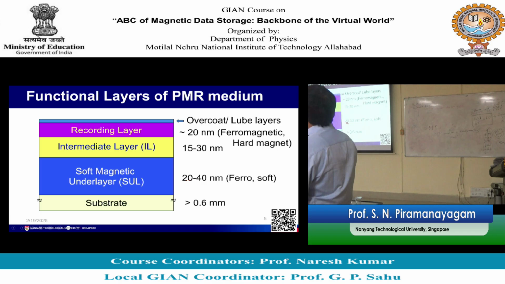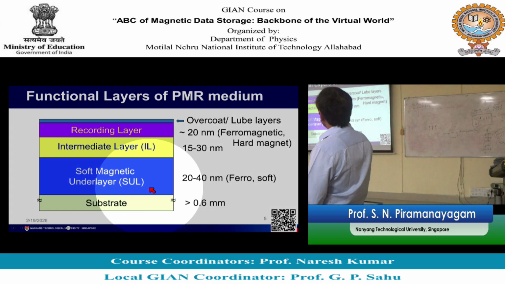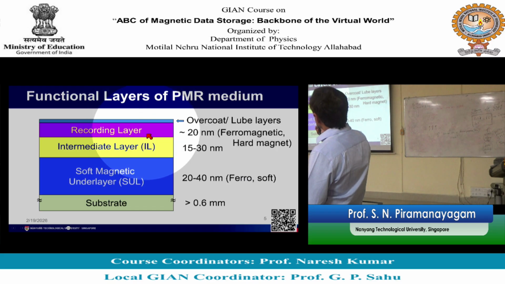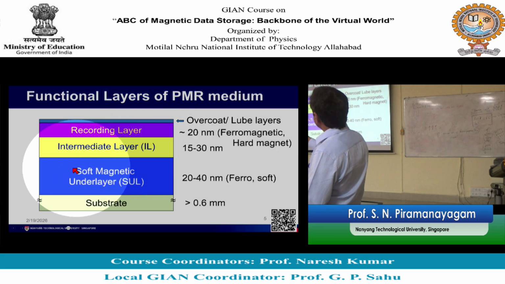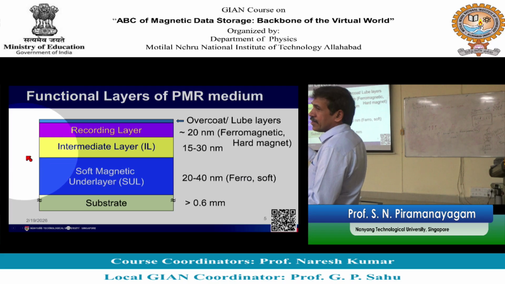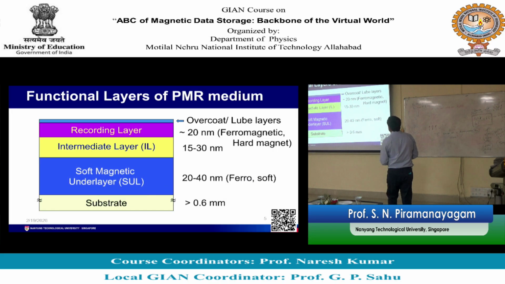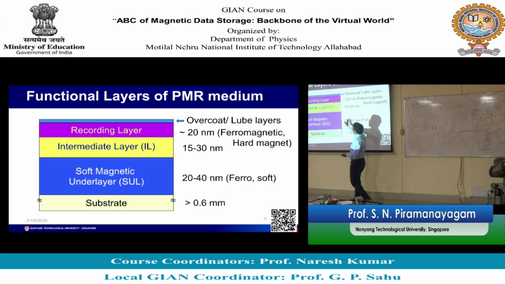So, the objective of this soft magnetic underlayer is to collect the magnetic field from the head. It will receive the magnetic field and send it back to the head, right. So, if the thickness is below this, then there will not be enough magnetic field lines going through the soft underlayer and back. Okay.